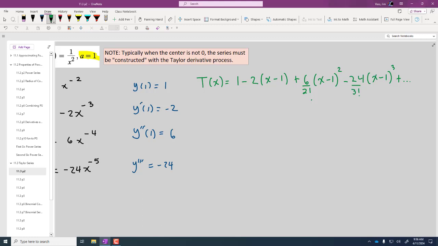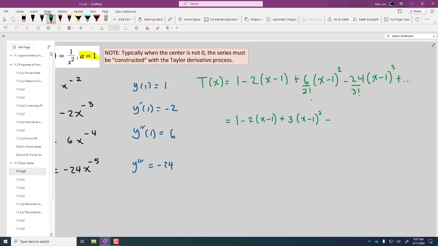Now we have to come up with summation notation if we're going to do the interval of convergence. Let's just do a couple of these. I am going to simplify this one, because sometimes when you simplify it, it becomes easier. Not always, but in this case it will.